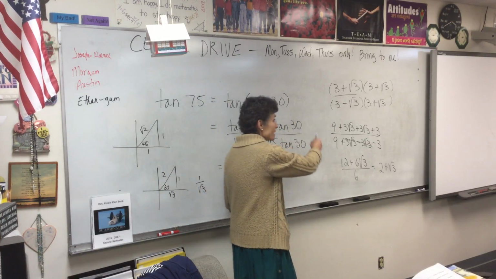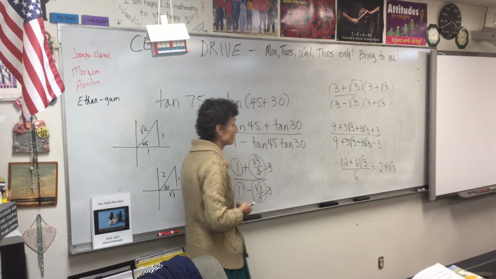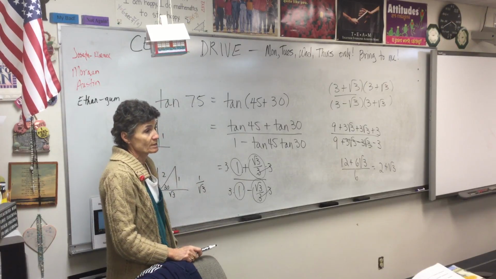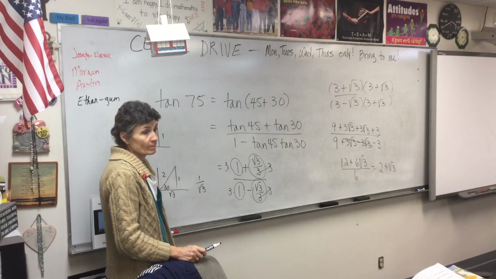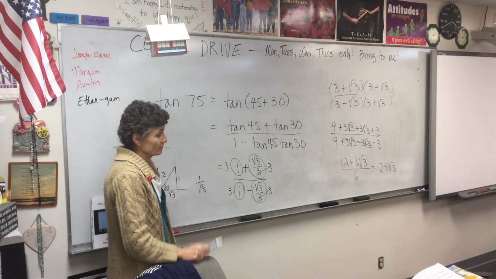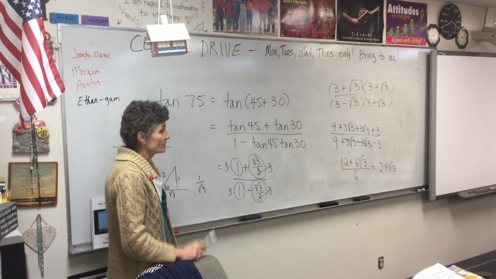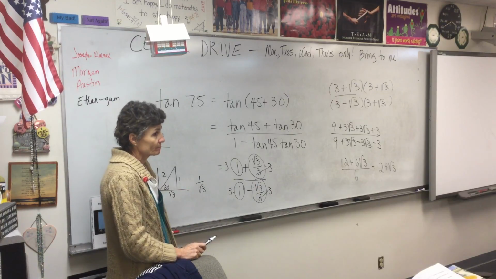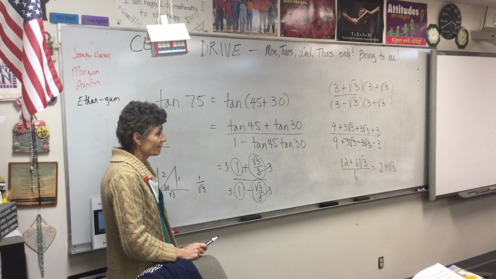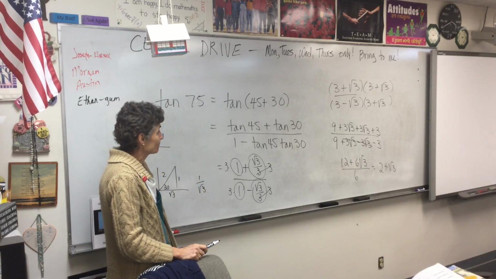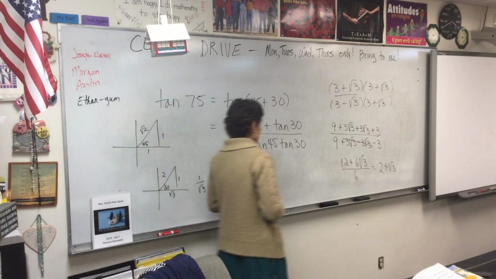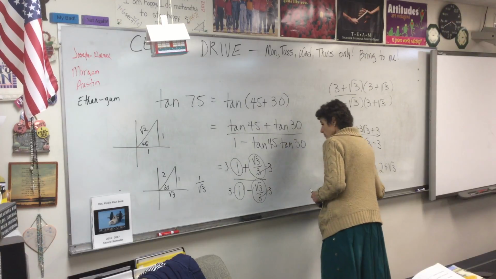All the rest of this stuff is just the arithmetic we have to do to make our answer presentable. Unfortunately, every time you do a tangent problem, that's going to happen. Every time. You're going to have to go through all those steps. That's the way it is.